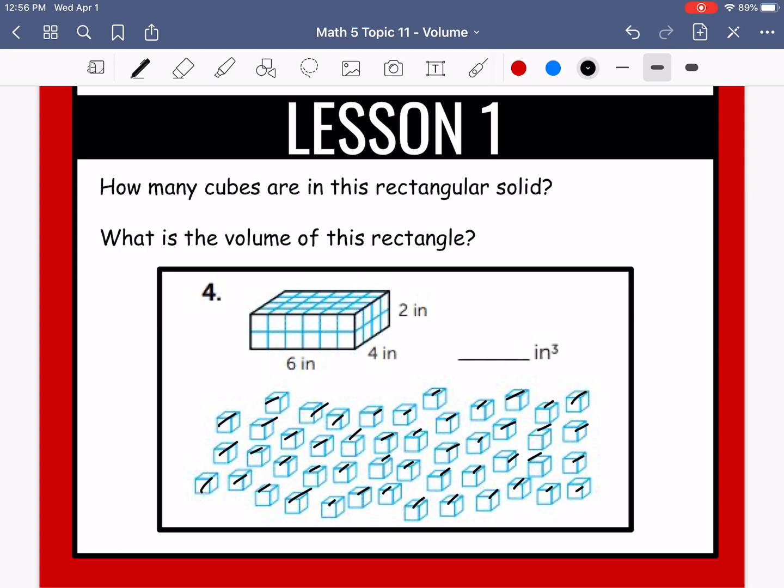Are you coming up with 48 little boxes? 48 inches cubed. That's a lot. And I'm not going to really want to sit here and count, especially if it's on a computer screen. That's hard to do. So my question is, how else could you find the volume of this figure? What do you think?